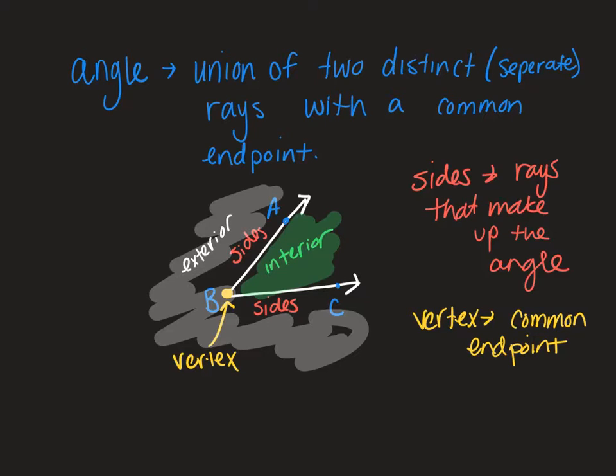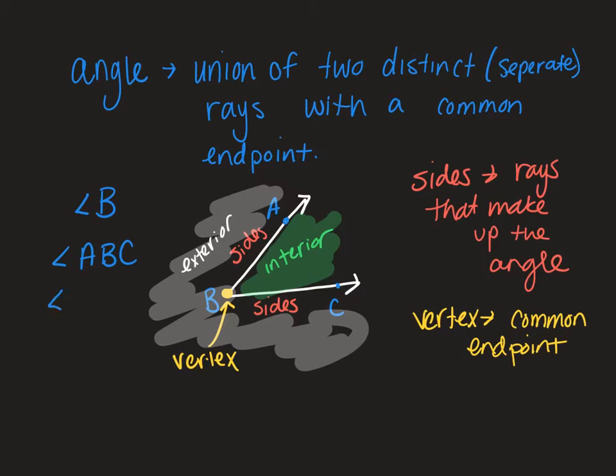The name for an angle, we can do it three ways. So if it's only one angle in the picture, you can just name it with the vertex. So you can draw angle B. But typically, you're going to end up naming it with three letters. So vertex always has to go in the middle, but the other two letters can go on either side. So we have angle ABC.